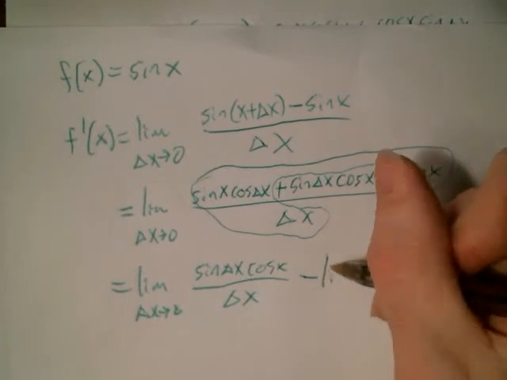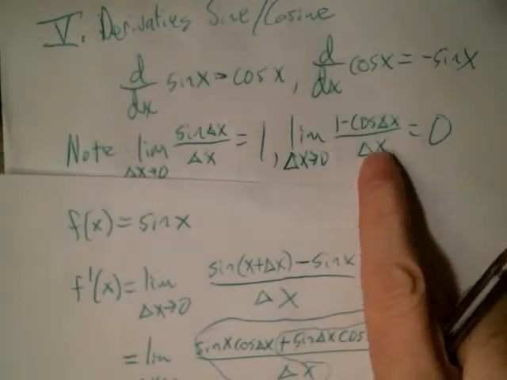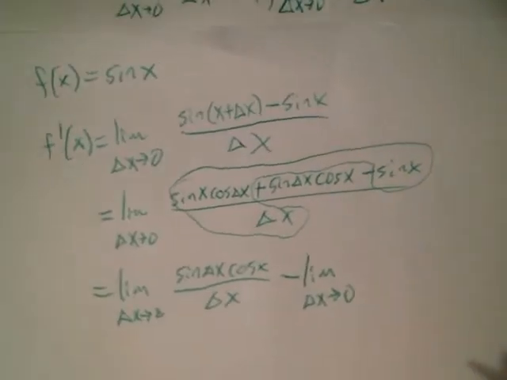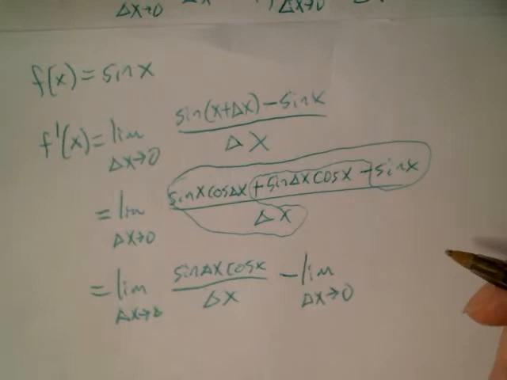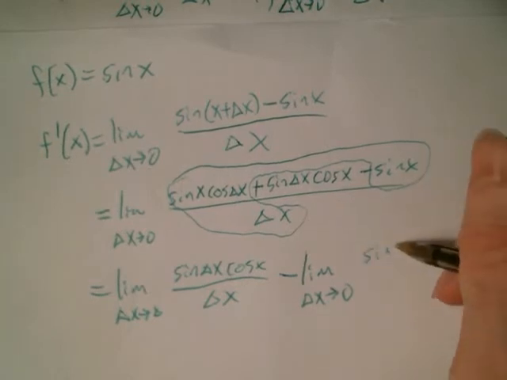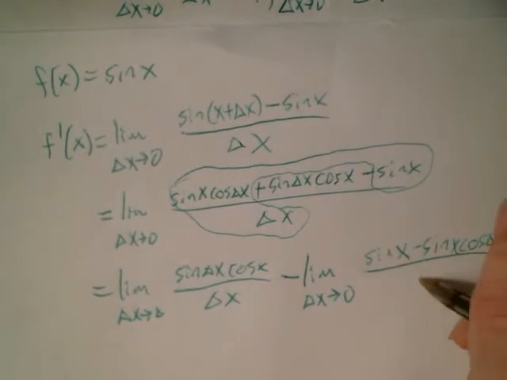Okay, so it would be minus the limit as change in x goes to 0, because what I'm ultimately trying to do is back engineer that form. Okay, so if I factor out a negative, I'd end up with sine x cosine change in x all over change in x.